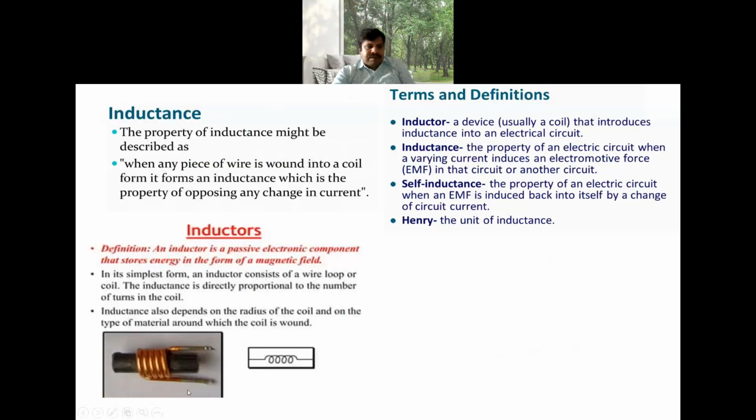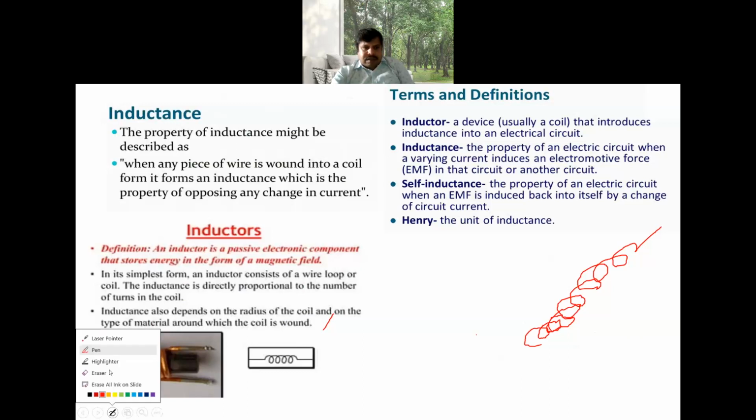Whenever we take any piece of wire and wind it in a spiral or helical shape, then whenever current is passed through this wire, it will behave as a magnetic field source.